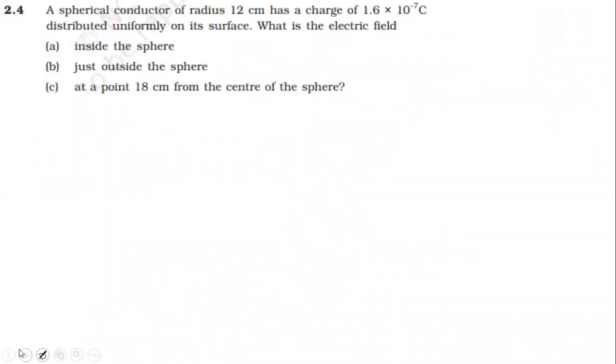Look at question number 2.4. What is the question asking us? A spherical conductor of radius 12 centimeter has a charge 1.6 into 10 power minus 7 coulomb distributed uniformly on its surface.